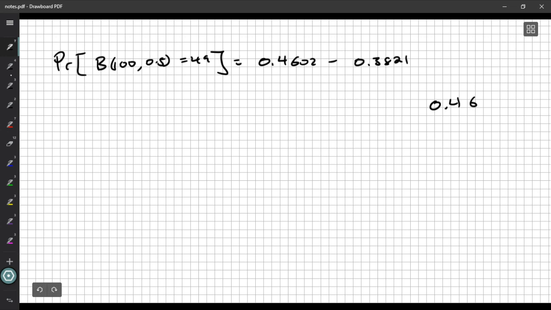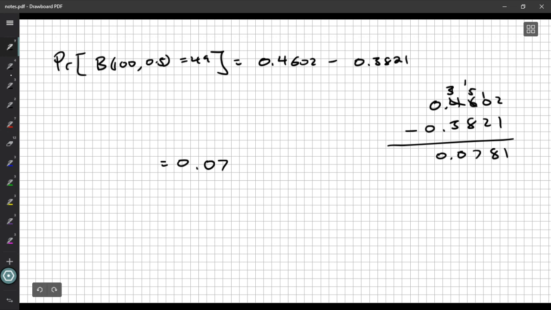And we'll just do it by hand over on the side here. 1 from 2 is 1. I'm going to have to borrow here, make 10. Borrow here, make 15. So the probability is about 0.0781.